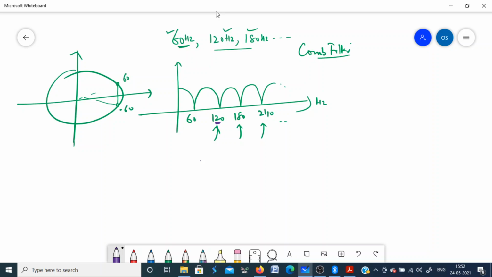That may lie anywhere on the circle, suppose it is here. You compute this just like we have done in the notch filter. Similarly, for 180 Hz, you have to place two more zeros, and for 240 Hz. Once you compute all these zeros, z1, z2, z3 and so on, 1 minus z inverse z1 multiplied with 1 minus z inverse z2 and so on, you can get the transfer function. So you can design a comb filter like this.